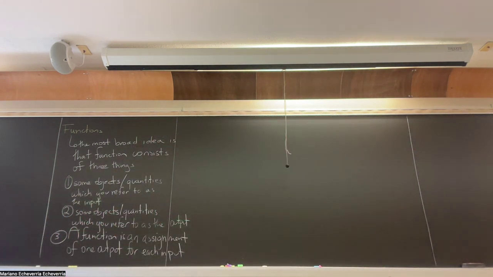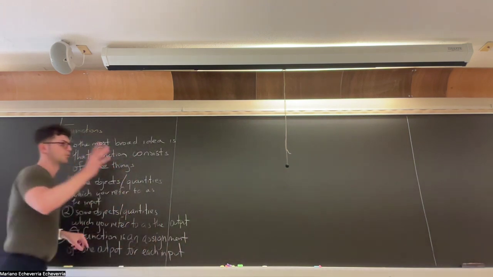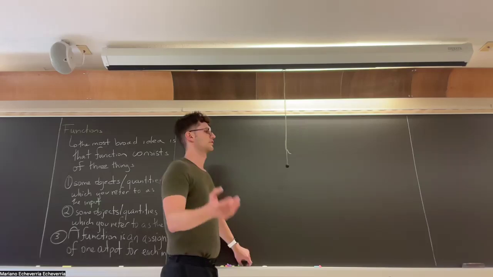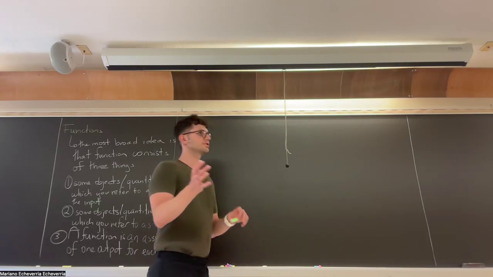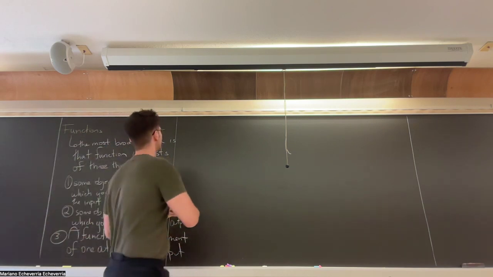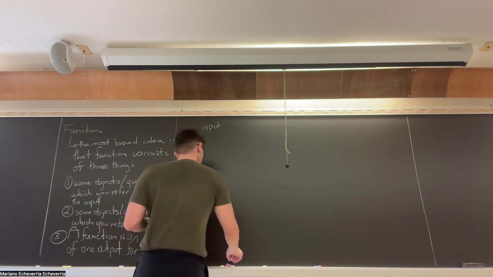Just to show you that the way it's used is very broad. Here's one way to think about a function: one collection of inputs could be just people. So I'll put my input for this first example.